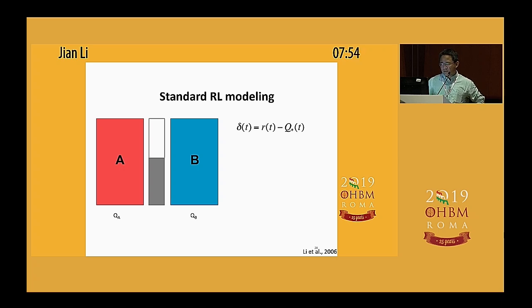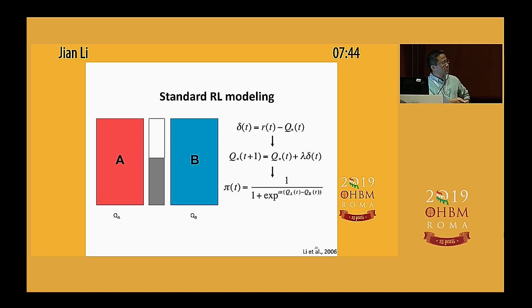And typically, solving this type of problem involves Q-learning, right? You assign Q values for each option, and then you update those Q values based on the reward you received.